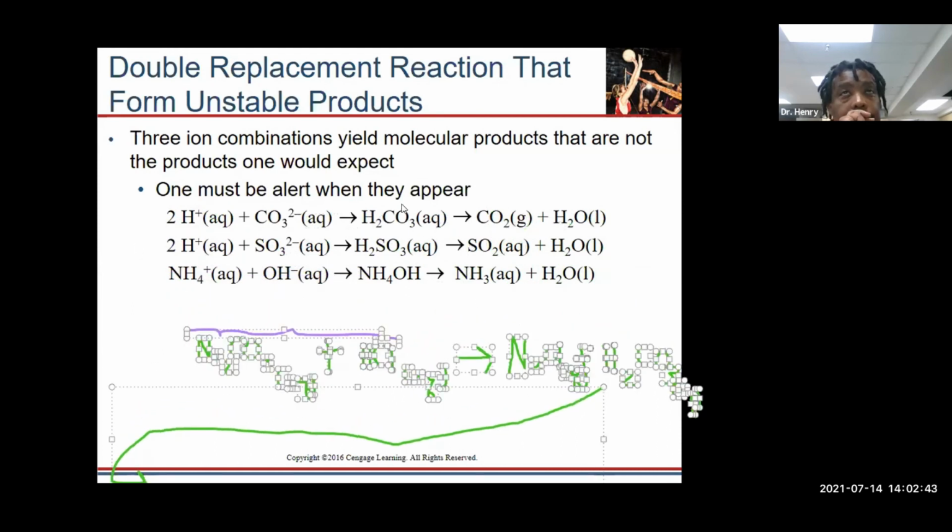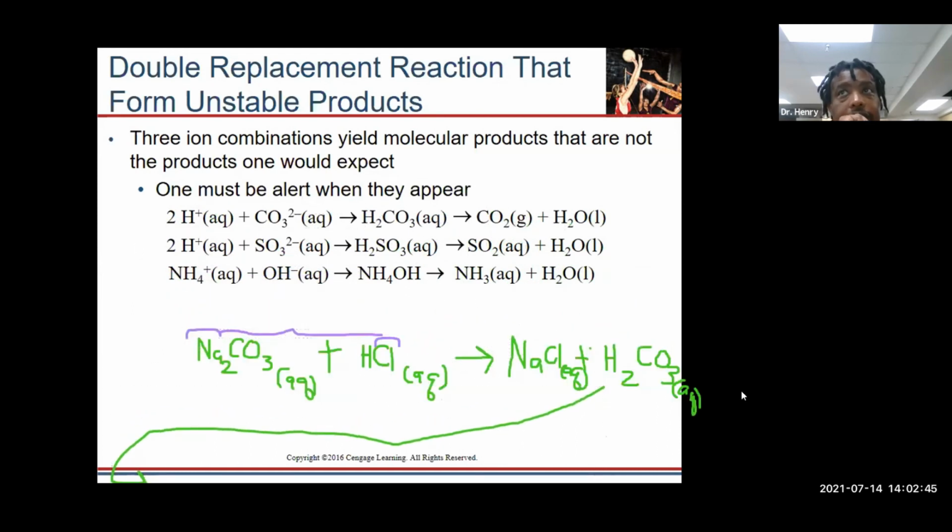So carbonic acid, is that what I got here? H2CO3. Yeah.